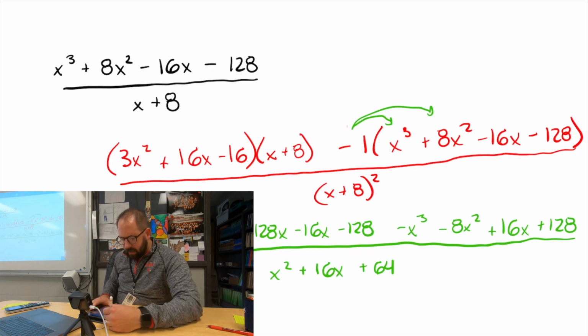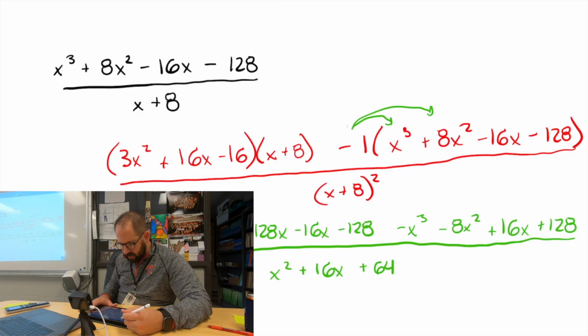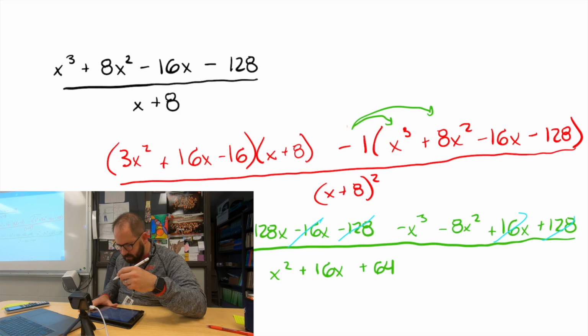All right, combining like terms, simplifying things down. Wow, this is a mess. The 128s are gone. Cool. 16x's are gone. And we're going to have 2x cubed. And then we have a 24 minus 8.